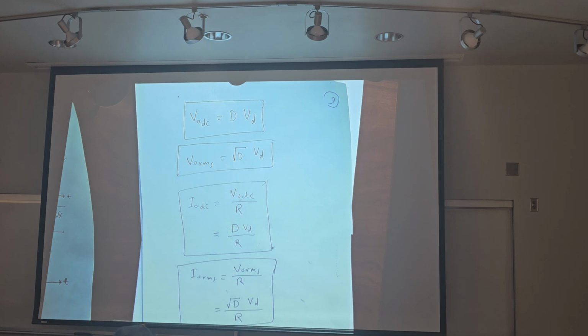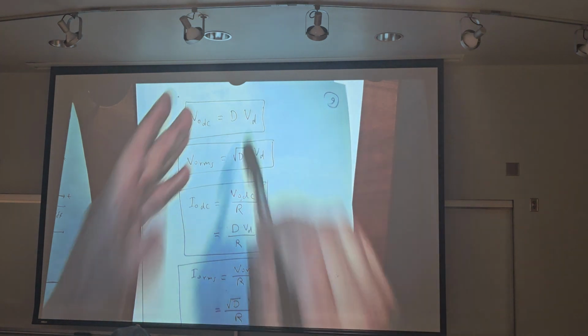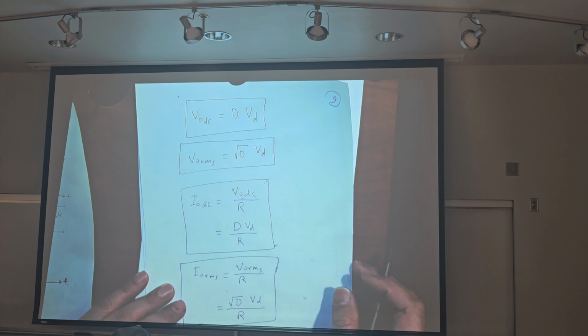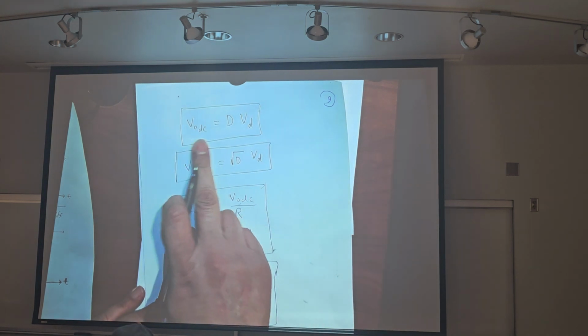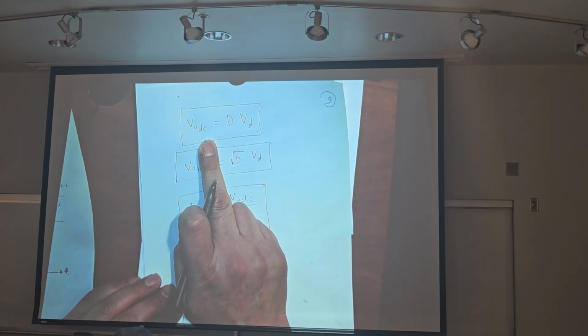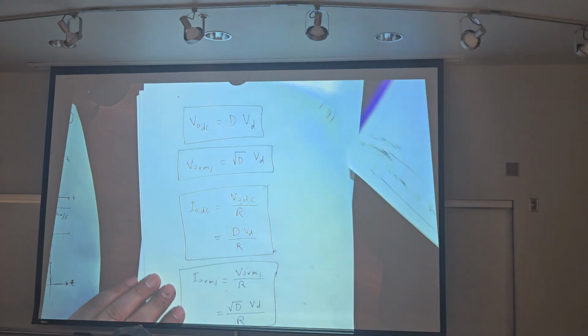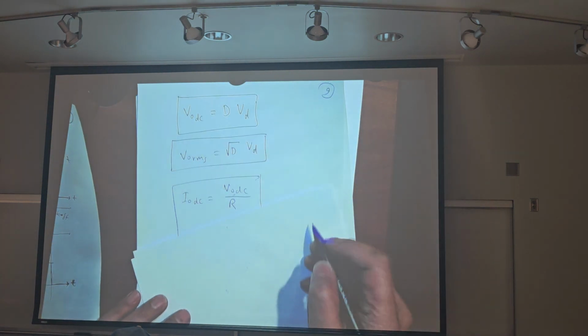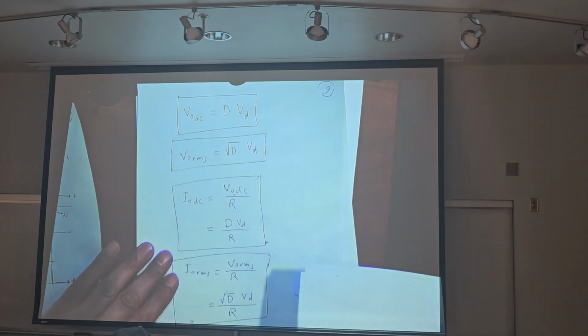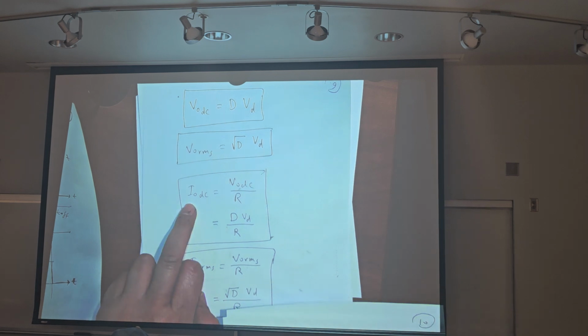But now I have another point. We say V out DC equals dVD. I have another formula for the output.